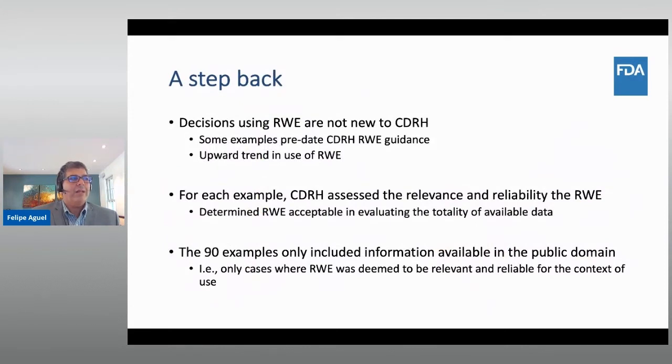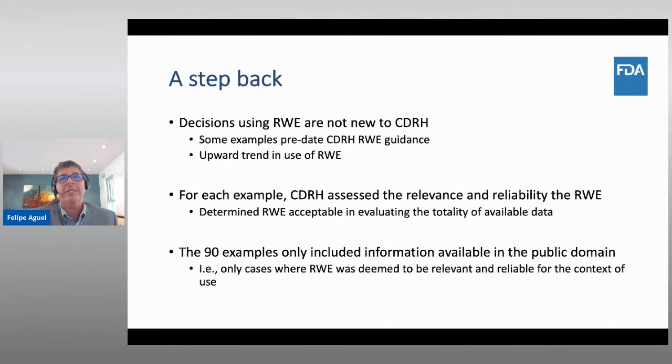So I've gone into, obviously not the detail that the paper goes into, but more detail in categorizing the examples and giving you an idea of what the intent was and how the examples were curated. But let's take a step back here. What are some take-home messages? I think the most important one is that decisions based on real-world evidence are not new to CDRH.